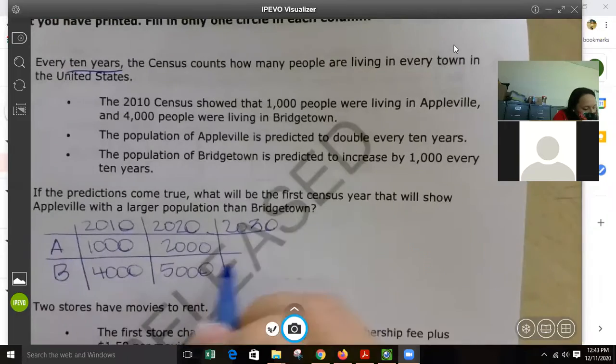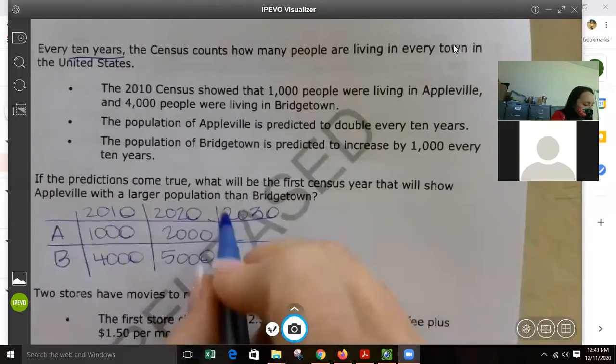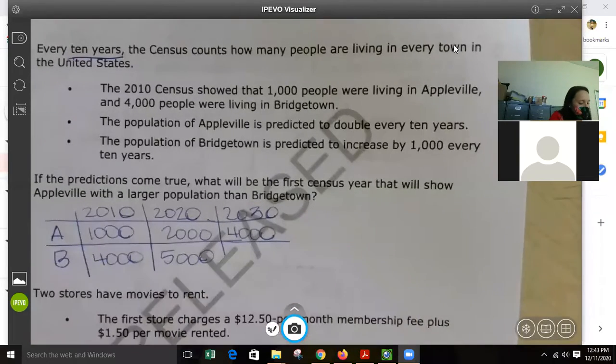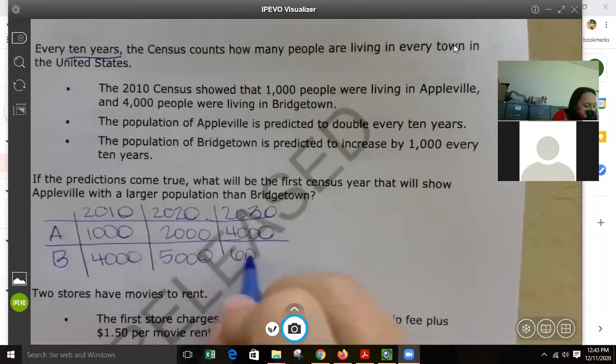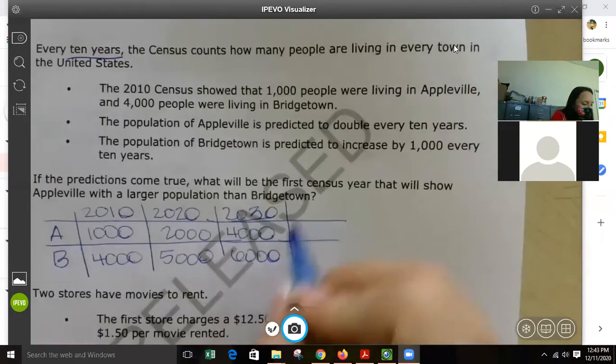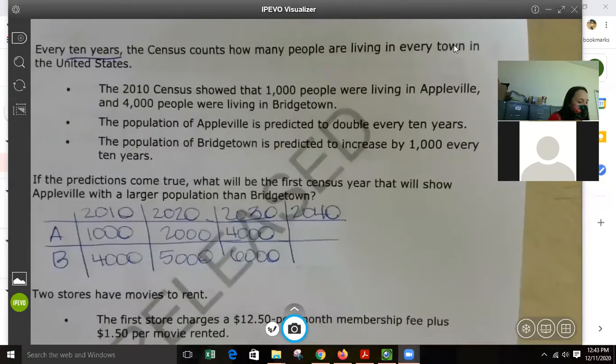So we're doing 2030. Double Appleville. So Appleville will be what? 4,000. Add 1,000. So Bridgetown will be at 6,000. Appleville is still not larger. So let's try again. We're going to go to 2040.